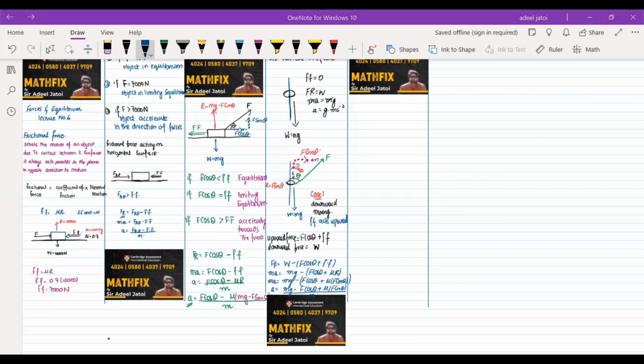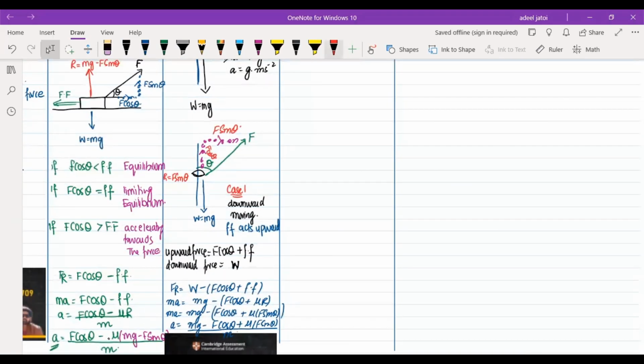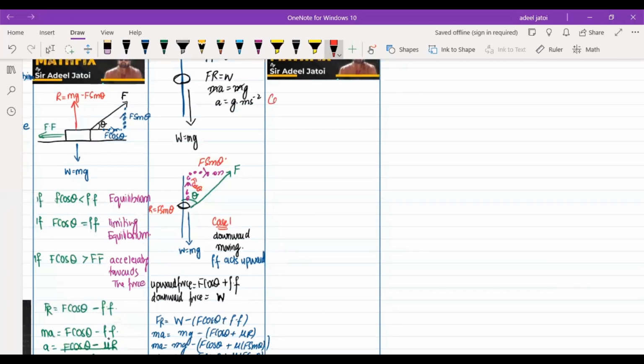Now in the same diagram, if we just work upon case 2, let's say that in case 2 it is upward moving. If it is upward moving, what we need to understand is that frictional force will act downwards. Your frictional force will act downwards.